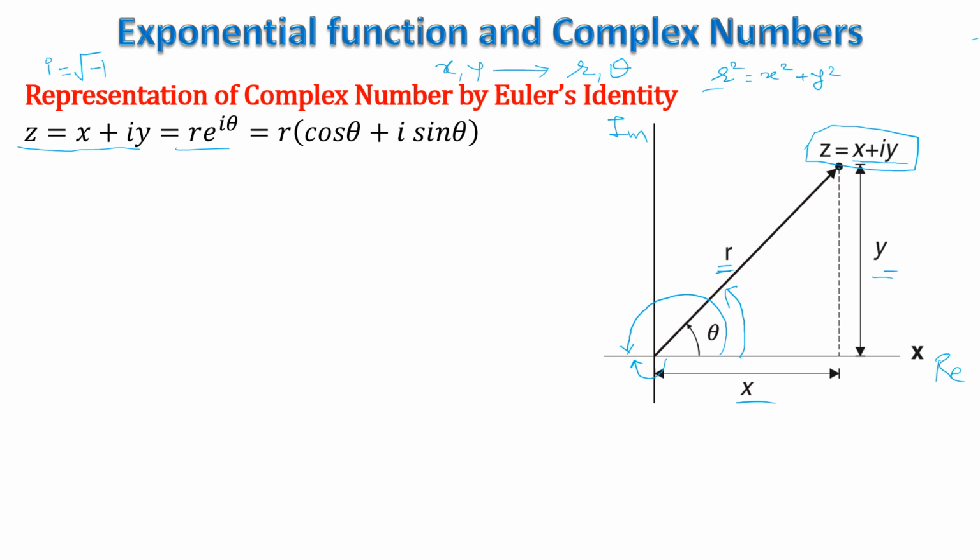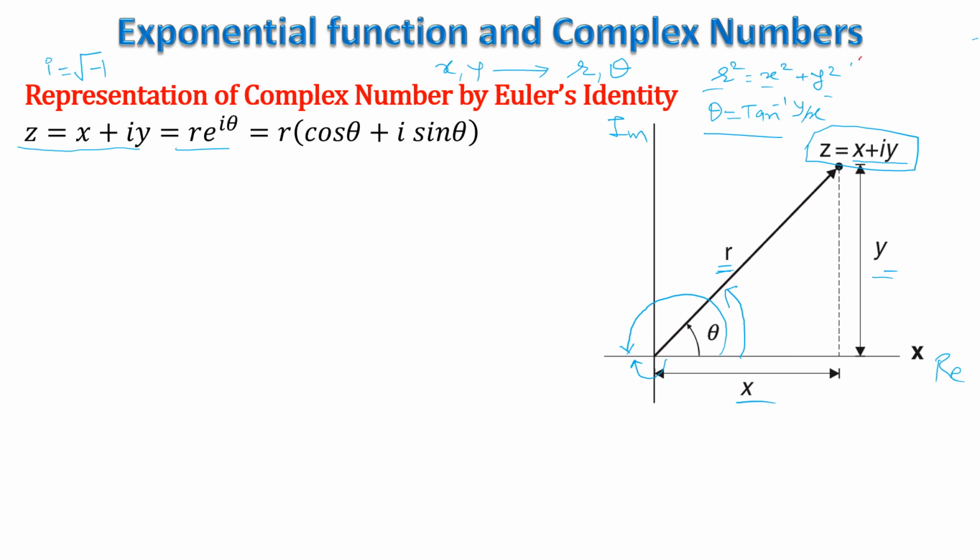Now here we can write theta is equal to tan inverse of y by x. This makes a complete transformation from Cartesian coordinates to polar coordinates. If you know x and y, you can find r and theta, and if you know r and theta, you can find x and y.